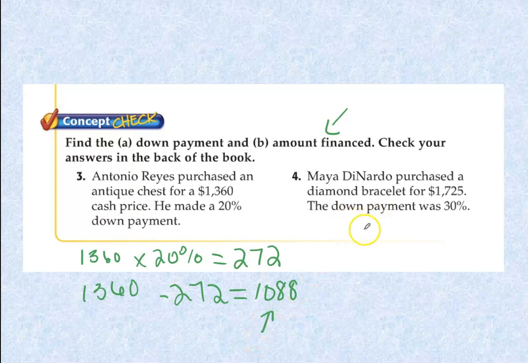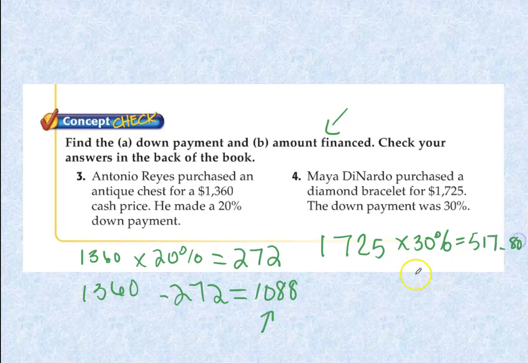Number 2, Maya DiNardo purchased a diamond bracelet for $1,725. The down payment was 30%. So again, I'm going to look at my formulas, and when I don't know the down payment because it's in percent form, I'm going to have to multiply and find the percent of a number, which is $517.80.